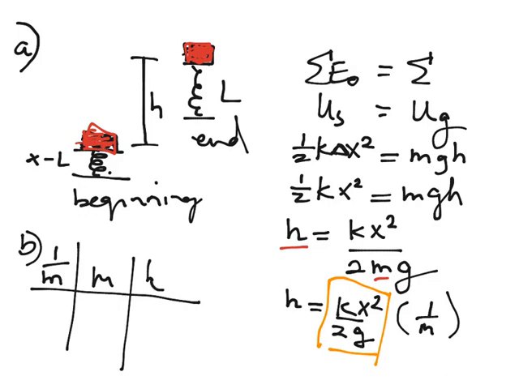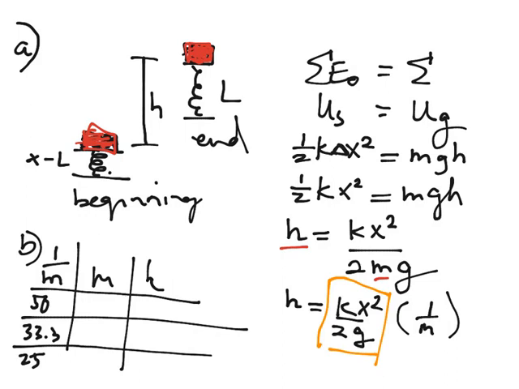If you use their data and go through the numbers, you get 50, 33.3, 25, 20, and at the very bottom you get 16.67.